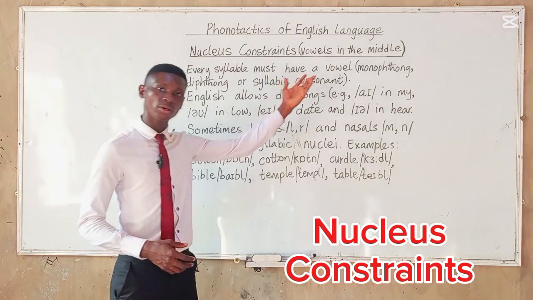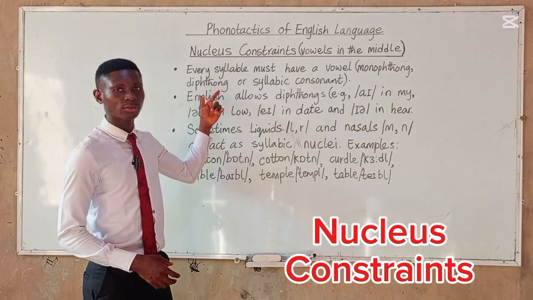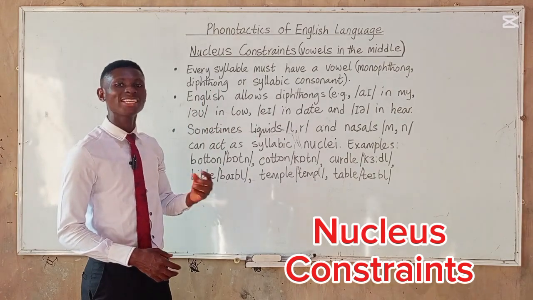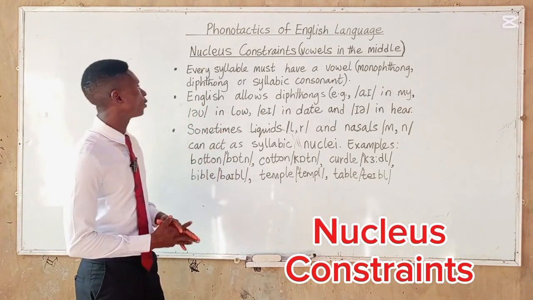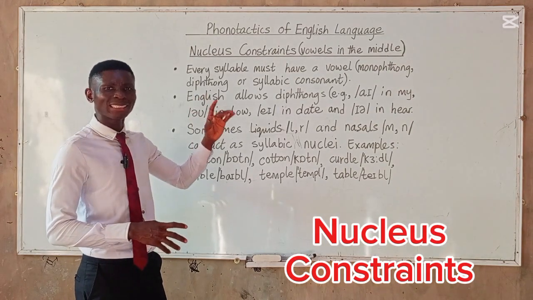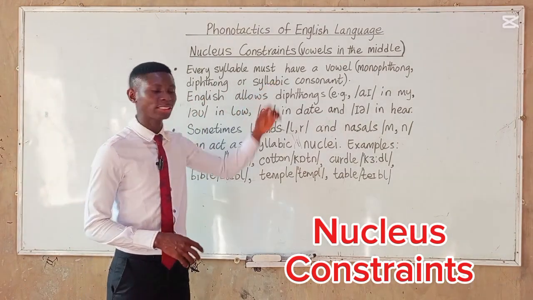If you don't have a monophthong, you can have one of the 8 diphthongs, such as a, ow, ear, and so on. So you must have one of them. So apart from the 20 vowel sounds, you can have a syllabic consonant.